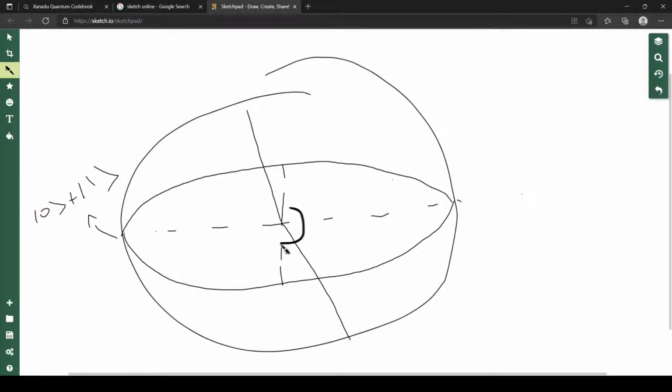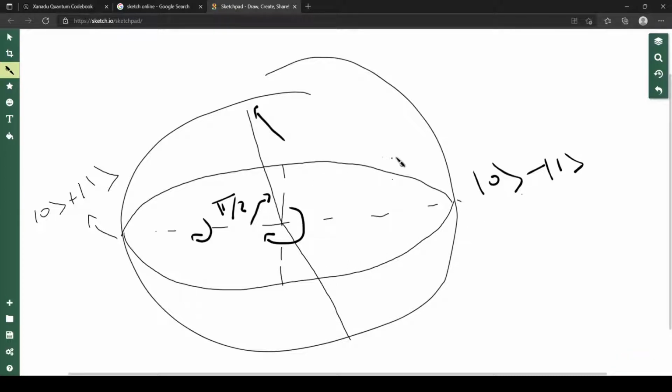Okay, so we're rotating around this way. So we want to rotate by pi over 2 to here. And then if we rotate around X, X is going around this way, so we want to go back up to here. All right, so let's consider the 0 minus 1 case.